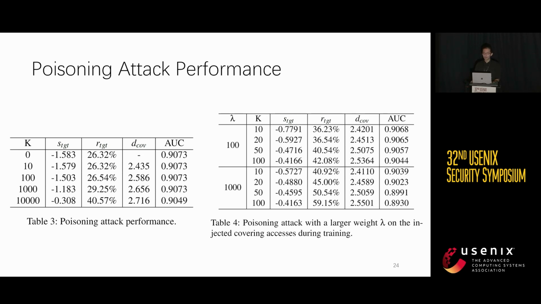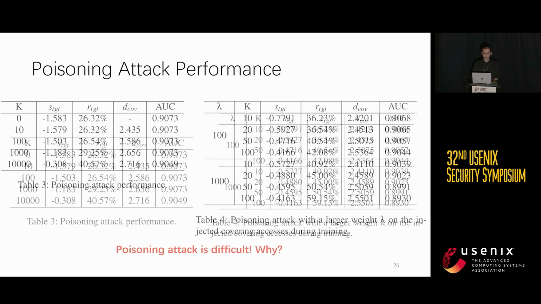Alternatively, in the right table, we show that we may also launch the attack if we add a larger training weight, that is lambda, on the injected covering accesses. But this is also unrealistic because we cannot control the model training process. From these two tables, we conclude that the poisoning attack is more difficult to accomplish.